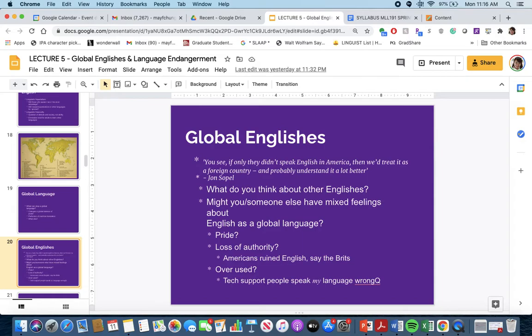So, for example, if you see someone talking with a British accent or an Australian accent or a South African accent, you would think, oh my gosh, they sound so great, they sound so sexy, right? But if you hear someone speaking with a Singaporean accent or an Indian English accent or a Chinese English accent, a lot of people would say, oh, that's broken English, right?